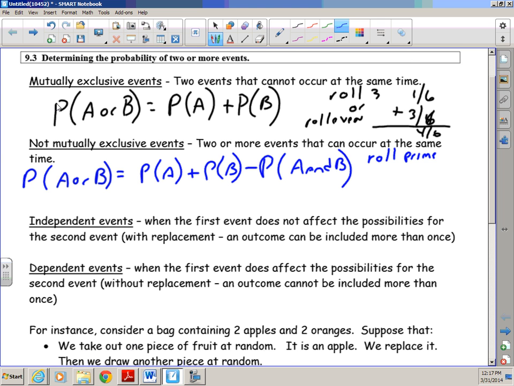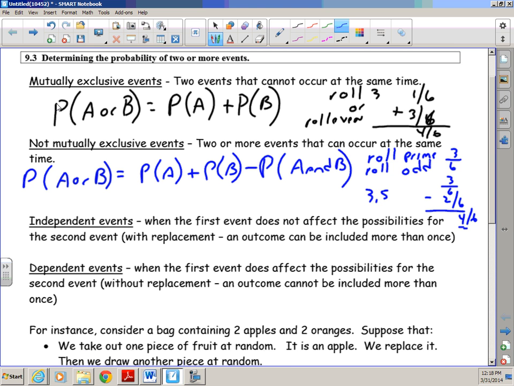And again, what we're talking about is a six-sided die. Well, the probability of rolling a prime number is 3 out of 6. And the probability of rolling an odd number is also 3 out of 6. But I have an overlap. I have 3 and 5 that are in both of them. So I have to subtract 2 out of 6 to get my 4 out of 6.